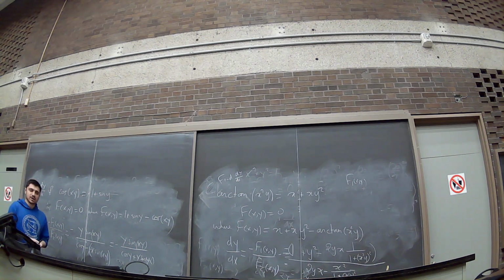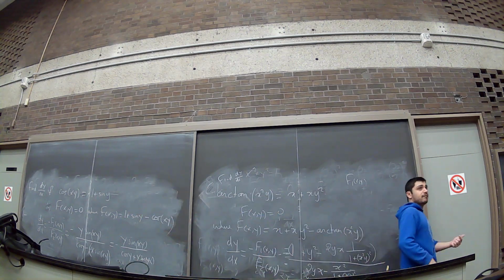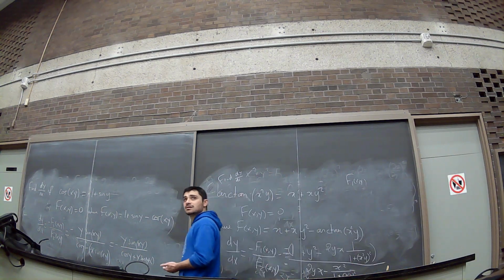Great. Now let's move on to 3 variables. I have x and y, and I have x, y, and z. And let's suppose that z is a function of x and y. So I have a partial derivative here. Here you had a single derivative, dy by dx.